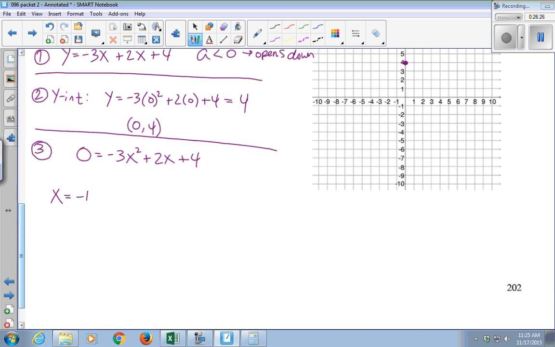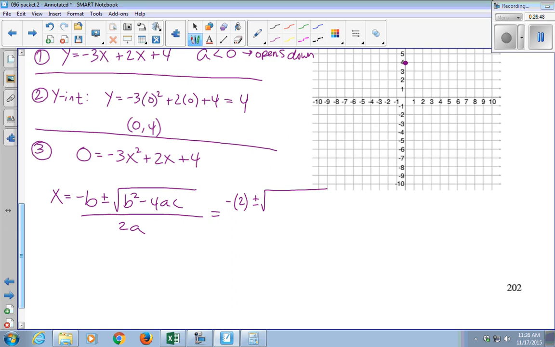So x is -b plus or minus the square root of b squared minus 4ac all over 2a. So I'm going to replace b with 2, a with -3, c with 4. So this is going to become -2 plus or minus the square root of b squared minus 4 times a times c, all over 2 times a.